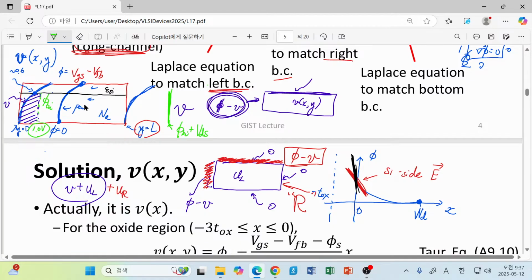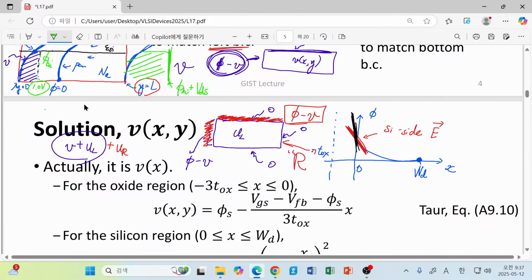If we apply 1 volt to our drain or 2 volt to our drain, then we will have even higher disagreement between our blue curve, the one obtained by the V function, and our drain side potential. So now that is the overall solution.